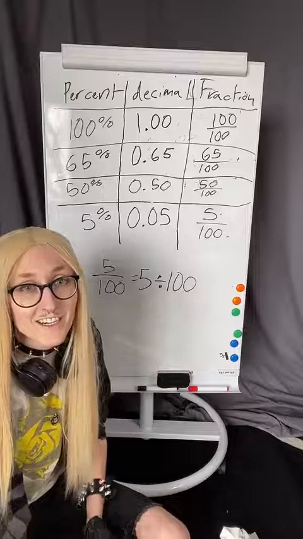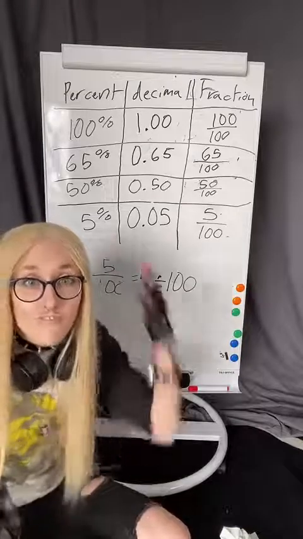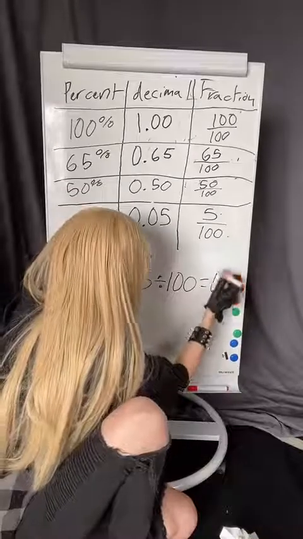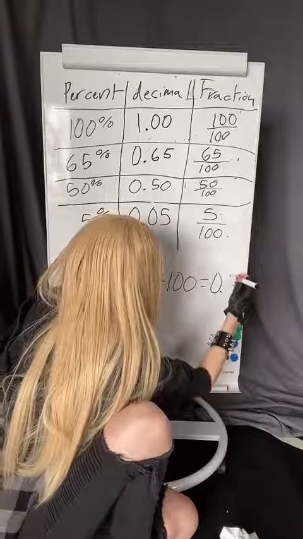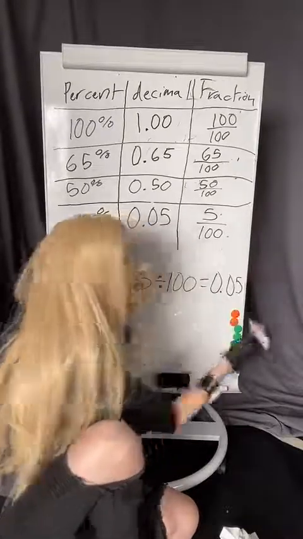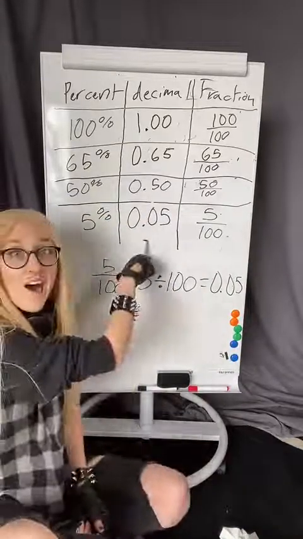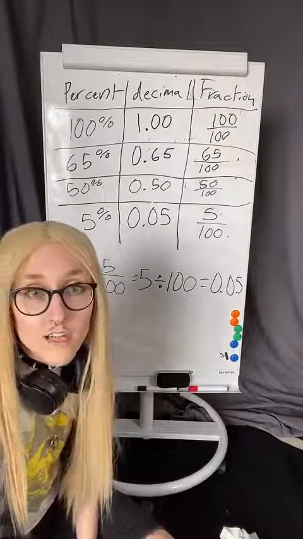Beautiful, my dears. It was 0.05. If you typed it in right, you should get 0.05. That's how you find the decimal.